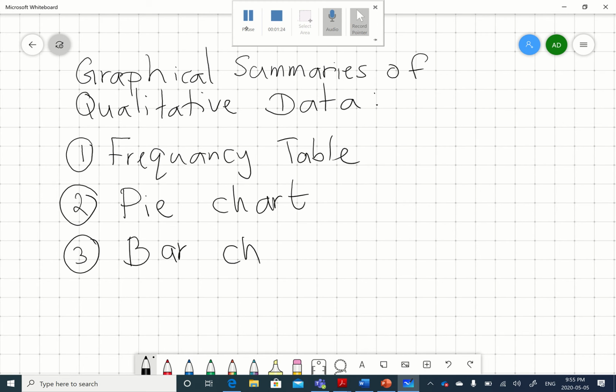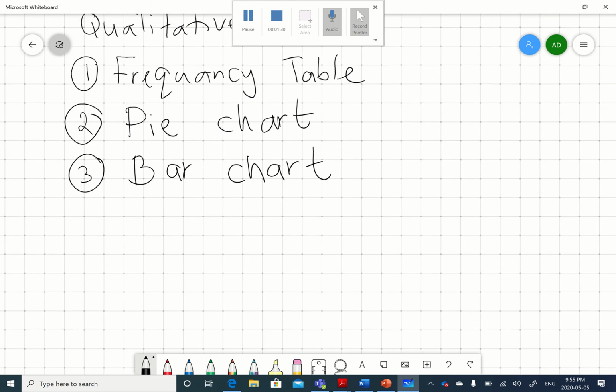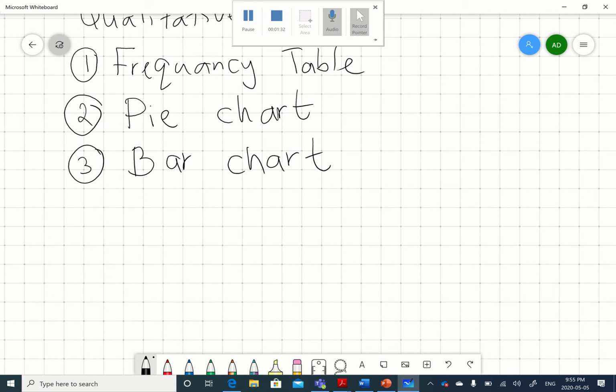So I'm going to use an example and go through these three methods. So let's look at a qualitative data set. Let's say that we want to figure out the favorite color or color preference of 15 people.